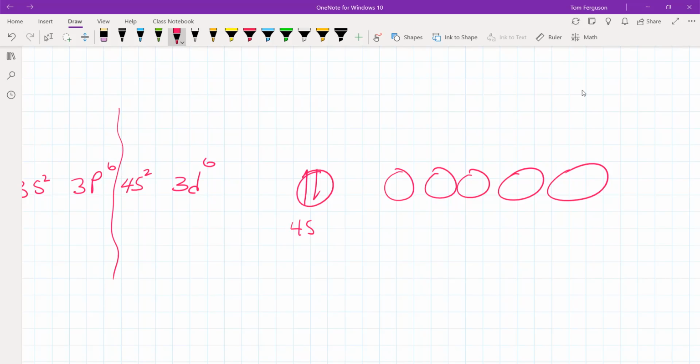How far over is iron? 6, right? 1, 2, 3, 4, 5, 6. So we're going to put those 6 electrons in those 5 orbitals. So remember, we fill them one at a time. Then we start pairing them up. So that's what the orbital diagram for iron looks like.